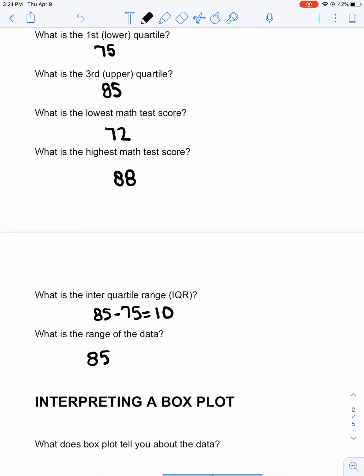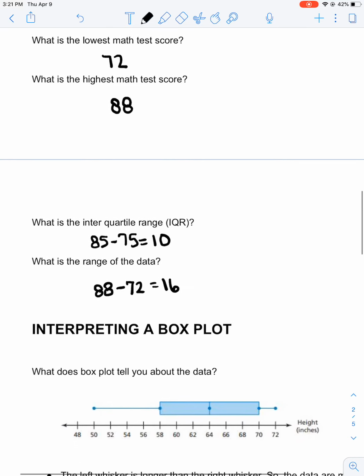Oops, sorry, let me erase that. Would be the difference between the 88 and the 72. So in this case, it would be 16.